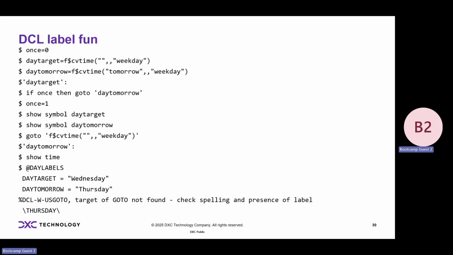You can dynamically change your labels, so you can create them on the fly. You can use $CVTIME and create a label, and my label is now going to be that. This is almost code changing on the fly. So you can have a little bit of fun with changing your labels and defining labels.